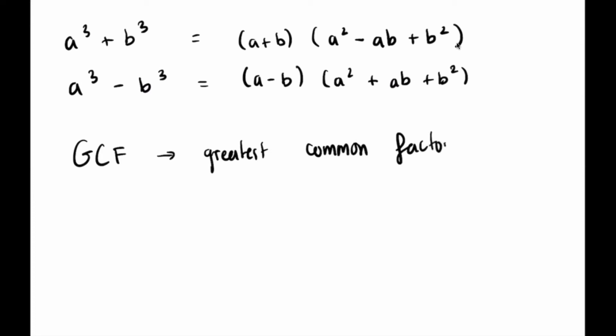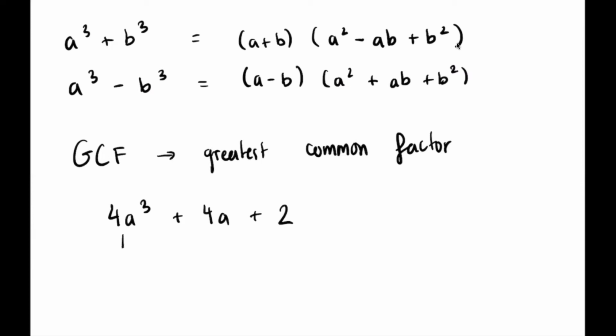The greatest common factor. For example, let's say we have 4a cubed plus 4a plus 2. Okay? Let's say we have this. What is the greatest common factor here?